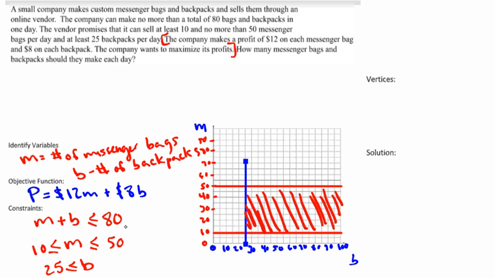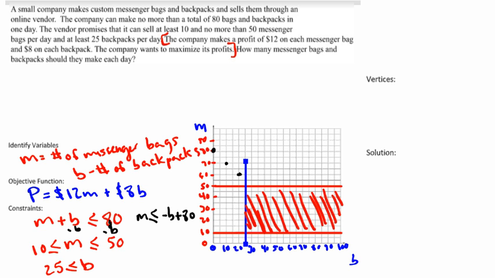Okay, which one of these is on the y-axis? It's M. So I'm going to solve for M. And get M is less than or equal to negative B plus 80. So I'm going to start at 80, and then I will go down 1 over 1. So if I go down 10, I would need to go over 10.